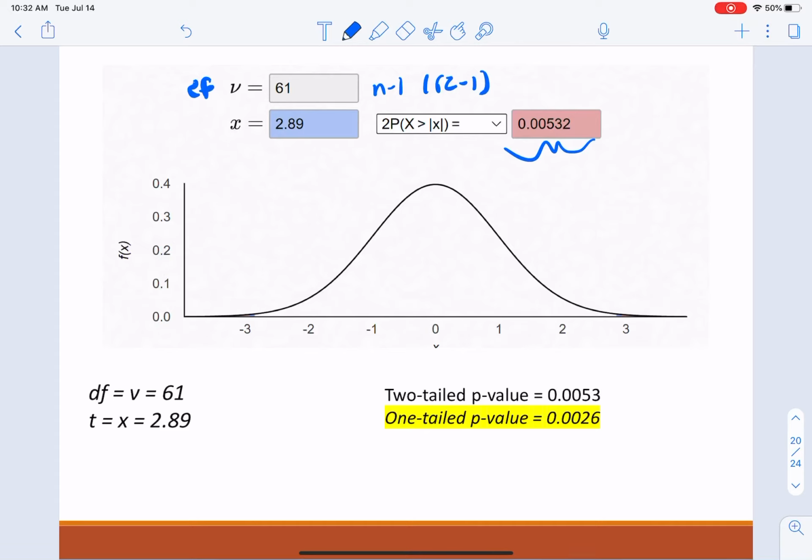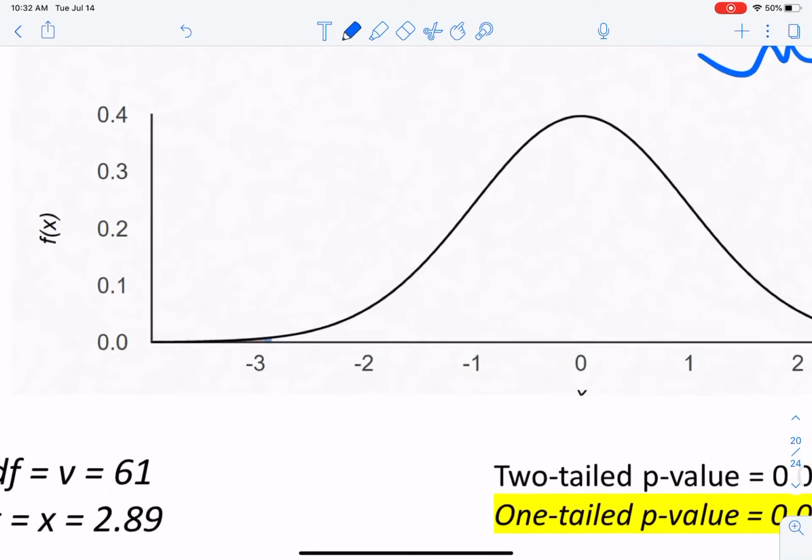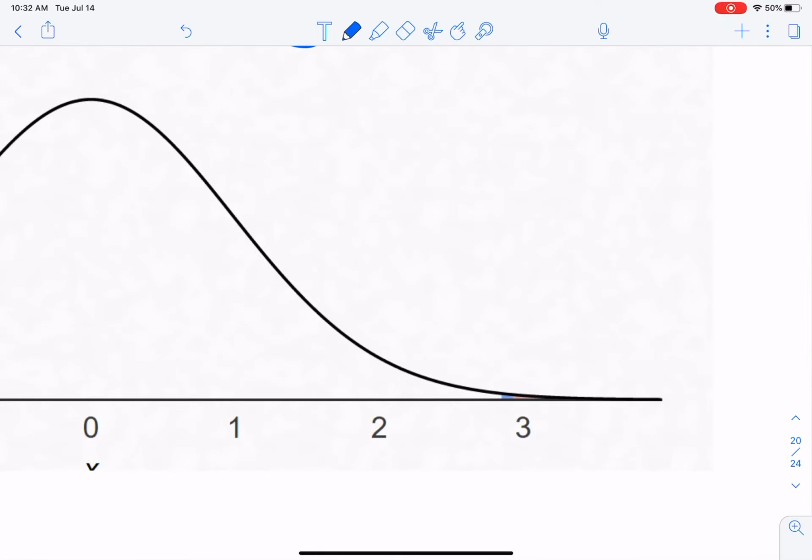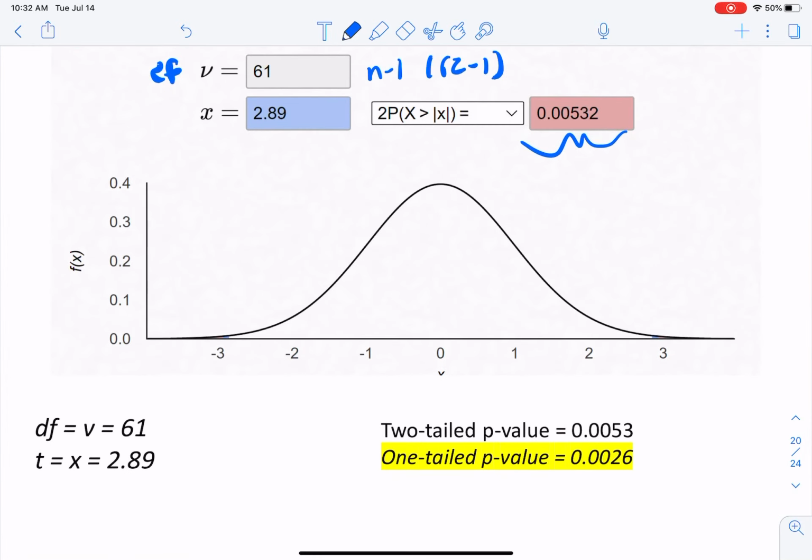So what we have to do in that case is take our two-tailed p-value and divide it by 2. If we zoom way in, we have this tail and this tail. We're looking at the probability that it's either this way or this way, but we do not care about one of these directions.